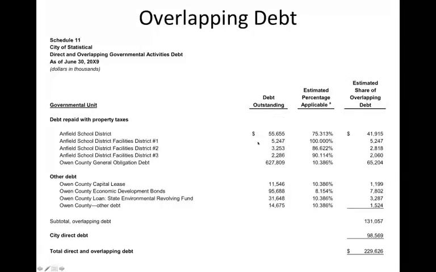What you see in the schedule is the total amount of debt outstanding for each of those overlapping governments, and then an estimate of the percentage that's applicable to the citizens of the government you're looking at. So, for instance, if you look at the county, unless the city and the county are identical in terms of their geographic area, and that does happen. Miami and Dade County, Florida, for instance, are contiguous.